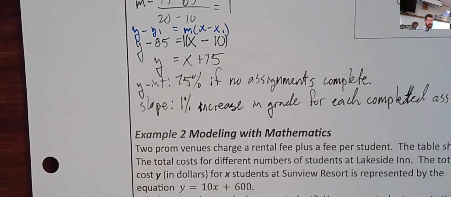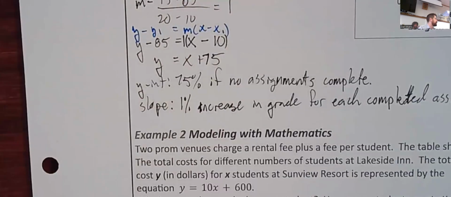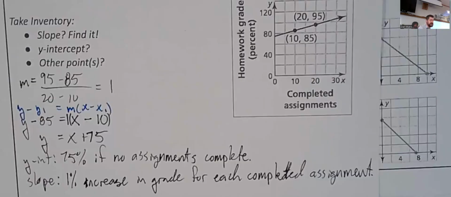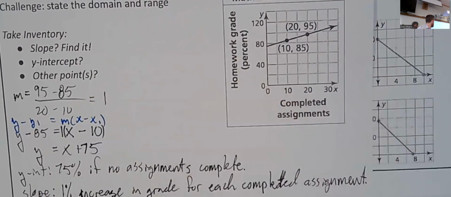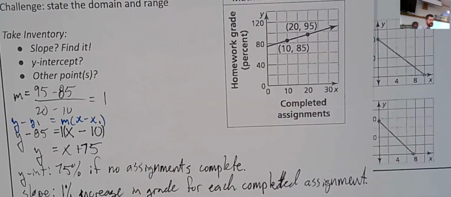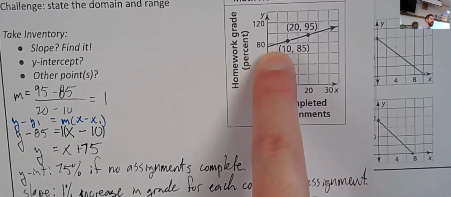Now, in terms of what this means, it means that this is a really weird grading system for whatever class this is. Because if you look over here, it says completed assignments 0, right? And then homework grade percentage. So even if nobody completes a homework assignment, there's still a pretty high grade for homework, even if no assignments are completed.